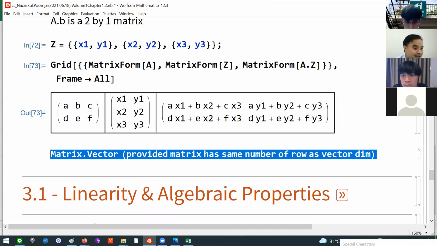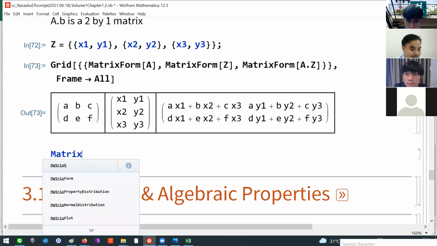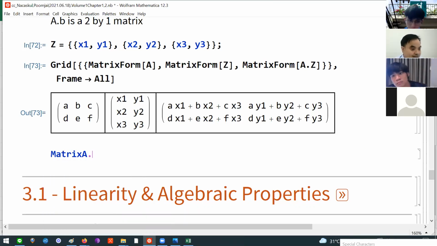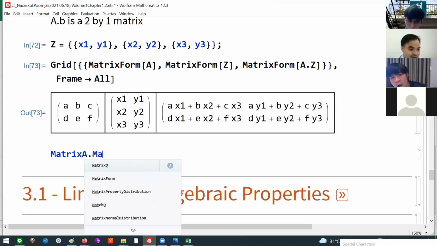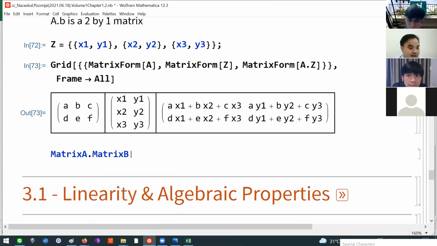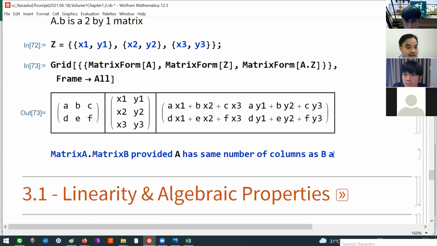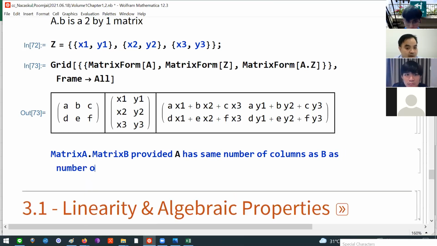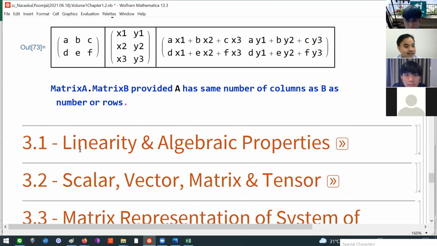Finally, what we have is a matrix A dot matrix B, provided A has the same number of columns as B has number of rows.